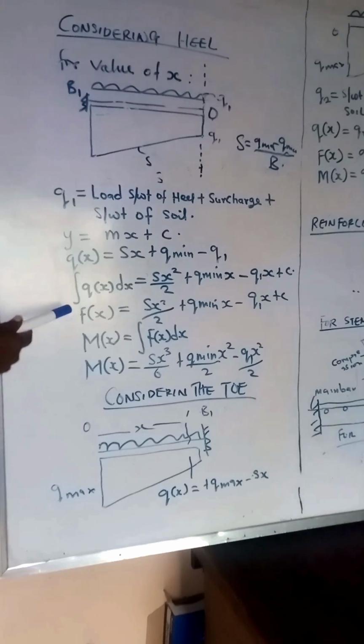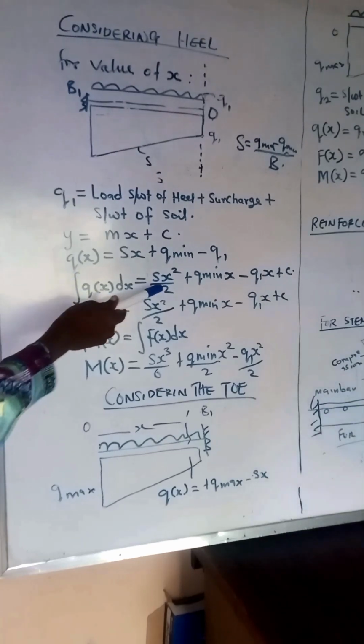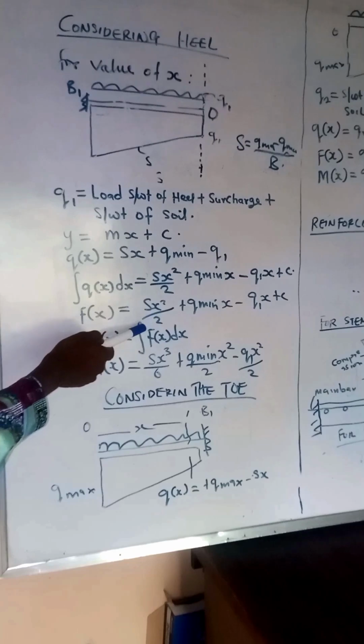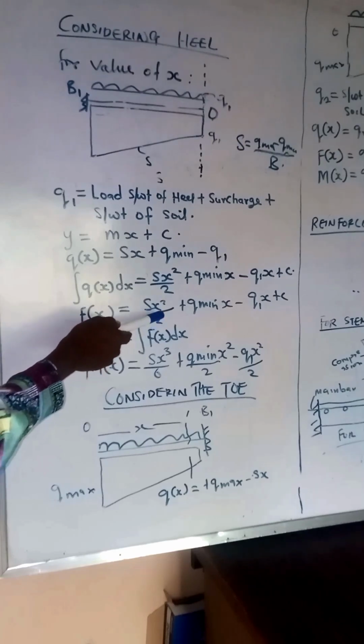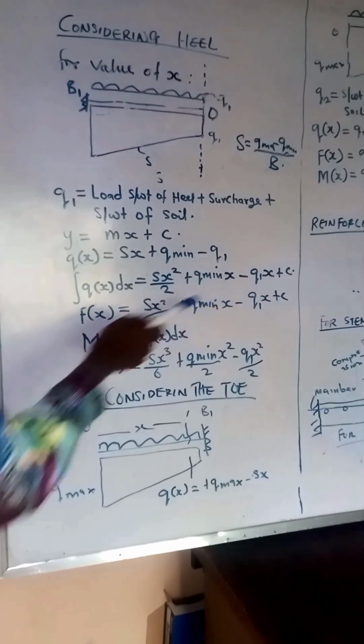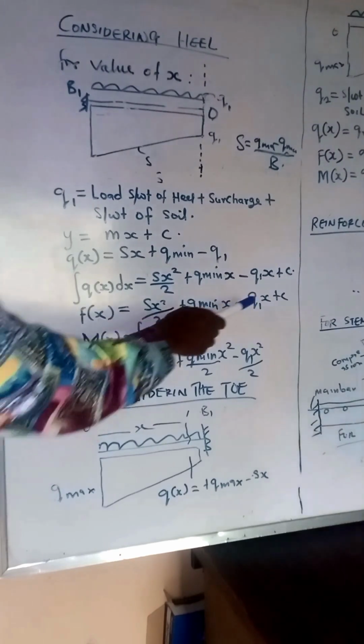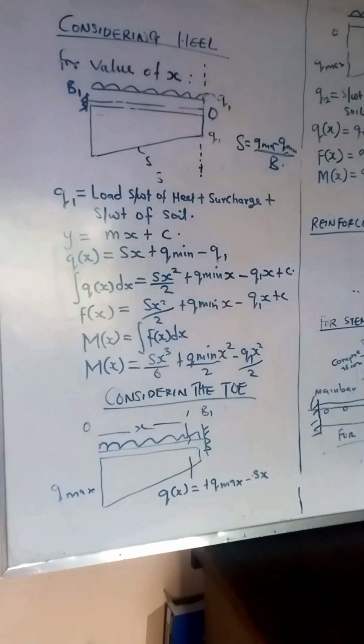Okay. So if we integrate that, we'll have the shear force expression become the slope times x squared over 2, plus Q minimum x, minus Q1 x, plus a constant of integration. All right, if we take the constant of integration, we know that that is 0. So we can integrate further to have our moment expression.